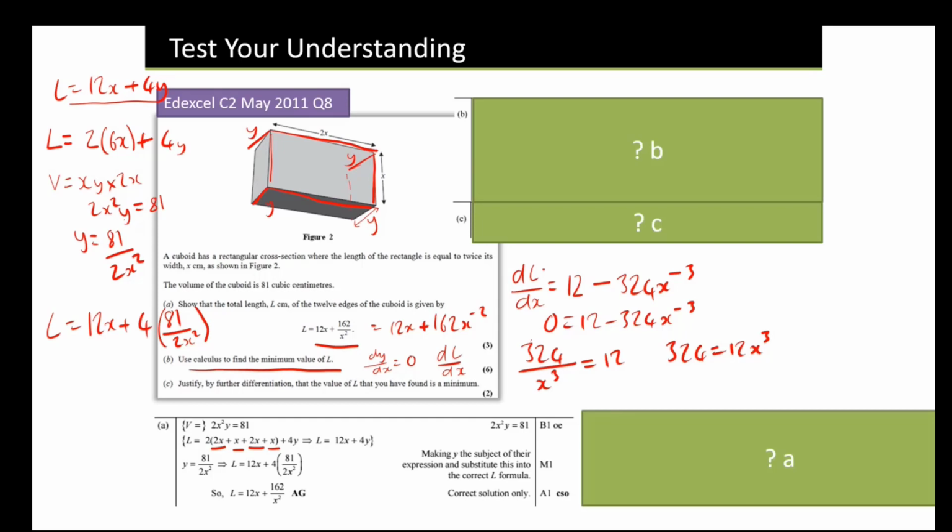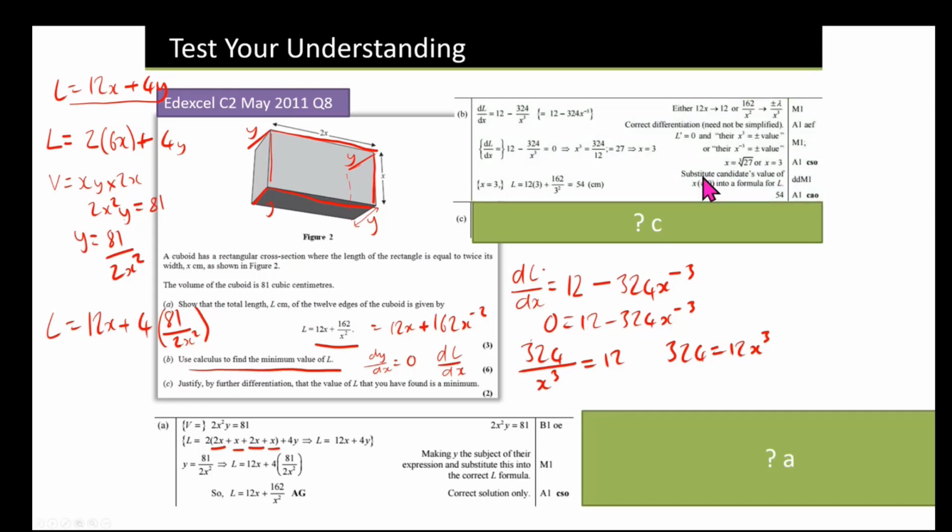And we should get a value for x, which I'll let you do. What value do we get for x? Three. That's part B: x equals 3.